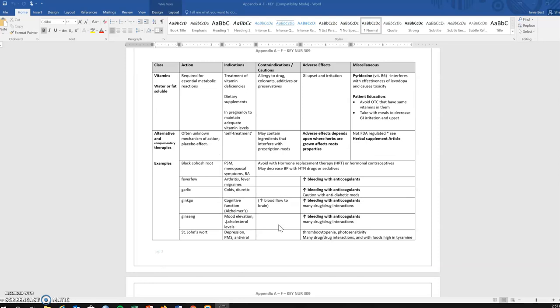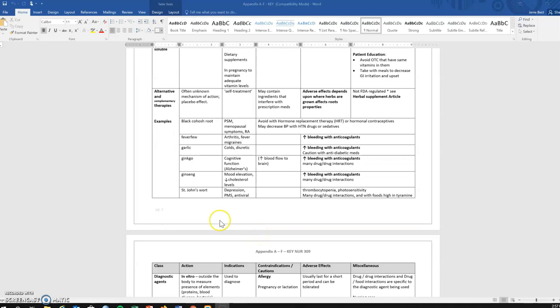Ginseng is taken by individuals who may feel depressed and need to elevate their mood, or it can also be used to decrease cholesterol levels. Again, it can increase bleeding with anticoagulants and has many drug-drug interactions. And finally, St. John's wort is often taken by individuals for depression, for premenstrual syndrome, PMS, and to treat viruses.